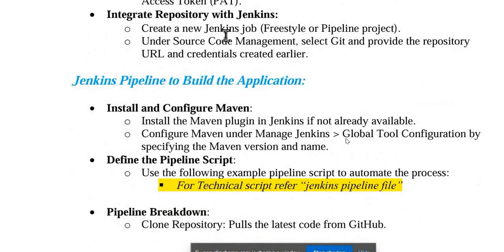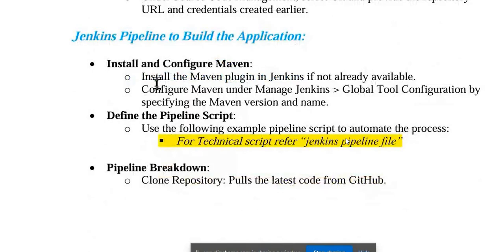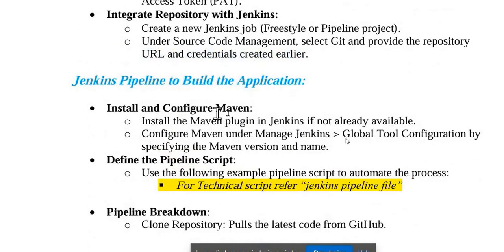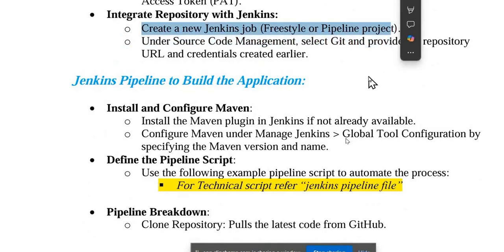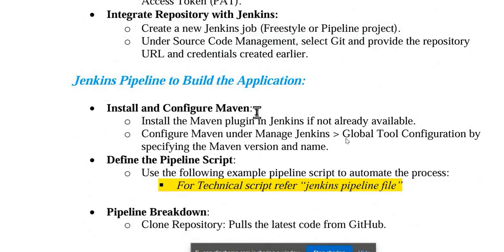Once the initial things have been provided to the Jenkins pipeline, next we need to install the plugin. Before we run the build, we need to configure Maven in Jenkins. Since we are using a Spring Boot application, we will be going with the Maven package, for the Jenkins pipeline to build the application.